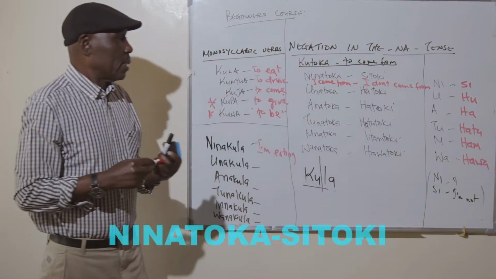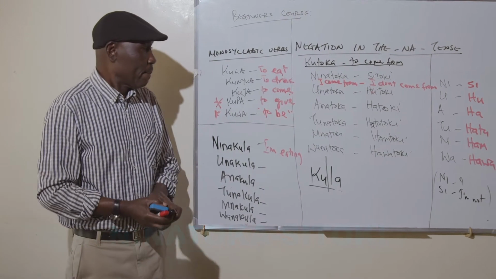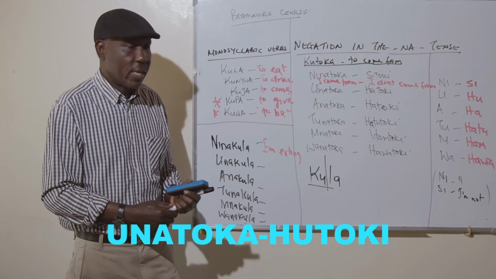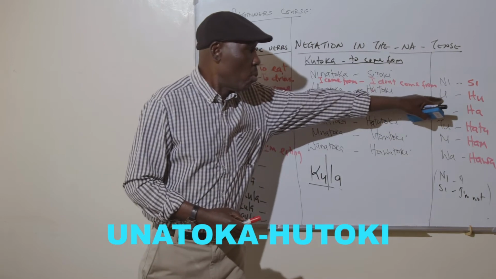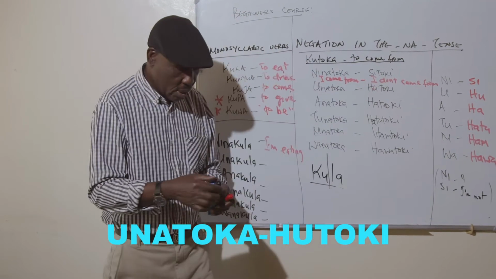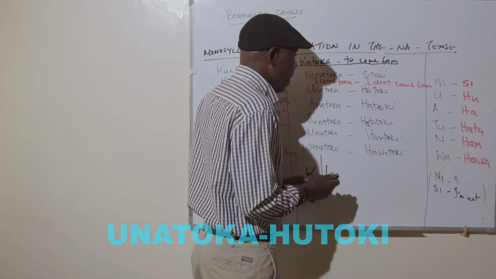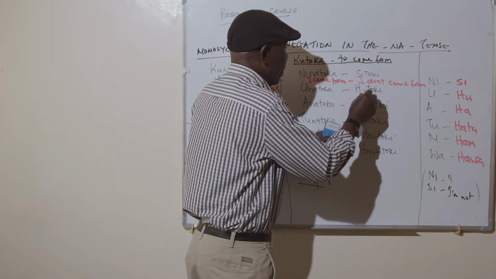Ninatoka becomes sitoki. Unatoka becomes hutoki. Like I told you, u is negated hu. So unatoka becomes hutoki.